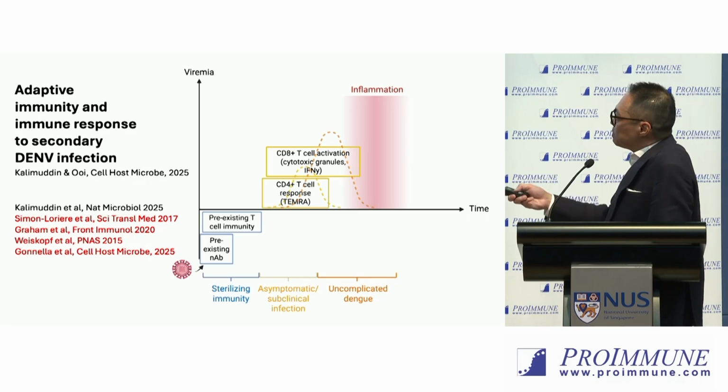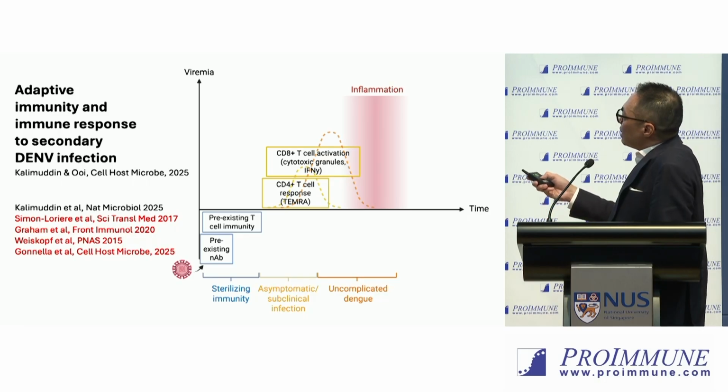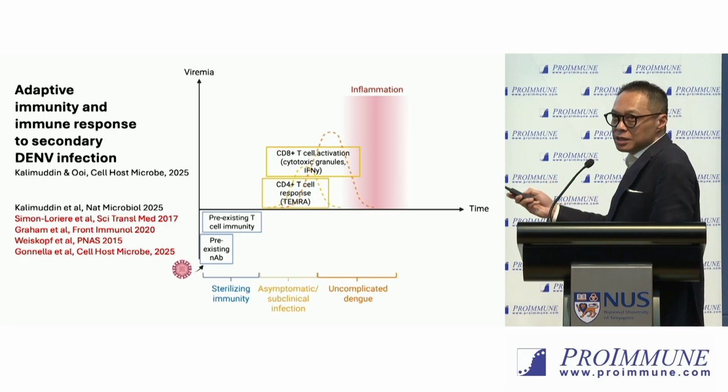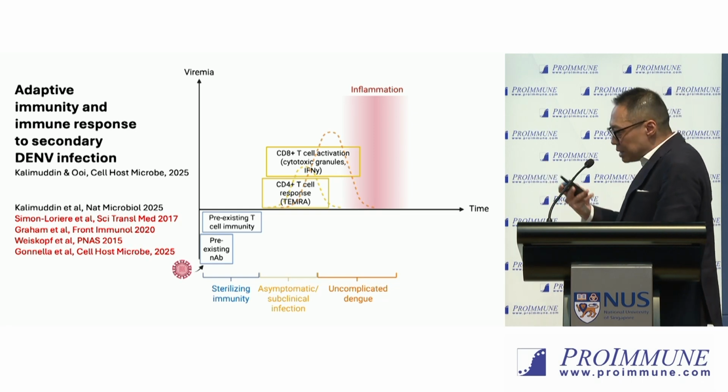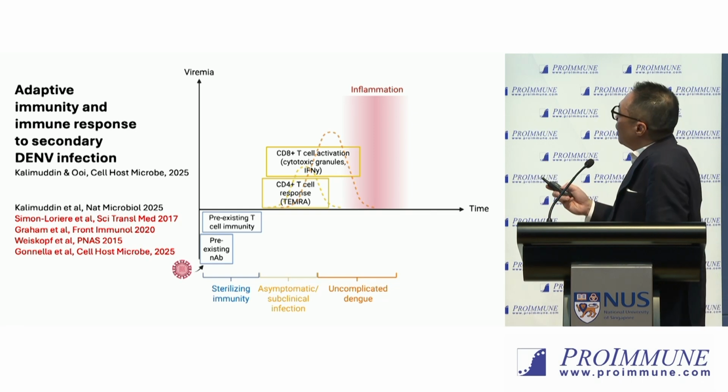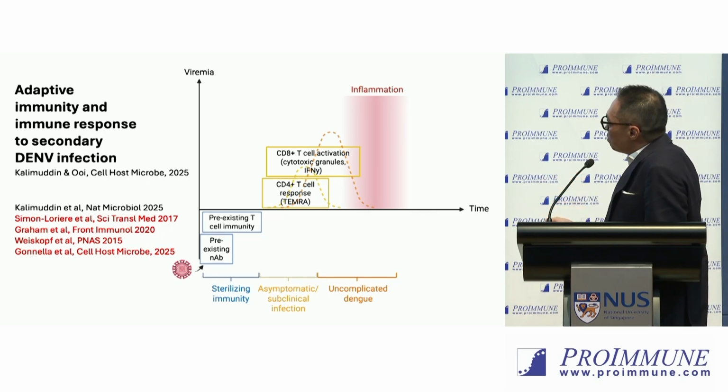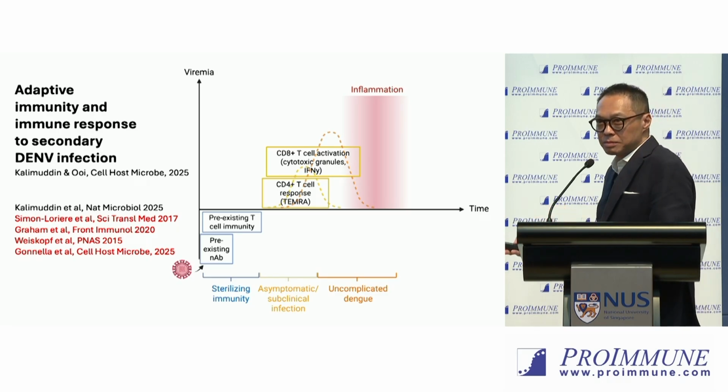What we know from these papers, several from Cambodia but also observed elsewhere, is that if you mount an early T cell response, in particular a highly differentiated, terminally differentiated CD4 T cell response expressing TEMRA markers, as well as CD8 T cells that express high levels of interferon gamma and cytotoxic granules, then you control the viremia. And when you control the viremia, you get either asymptomatic or subclinical dengue, or uncomplicated dengue.